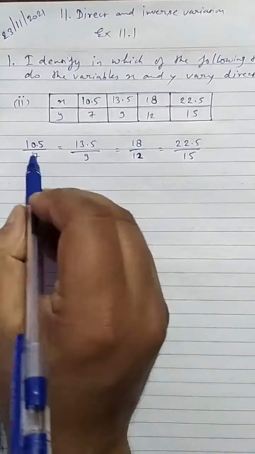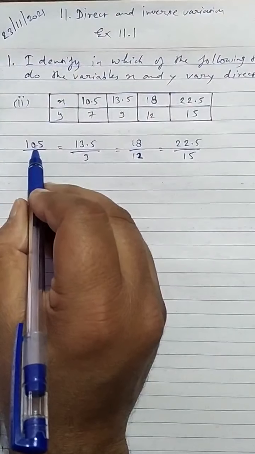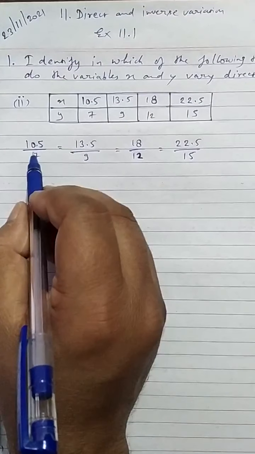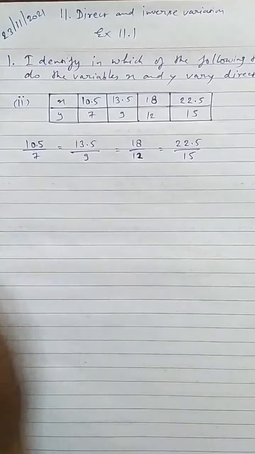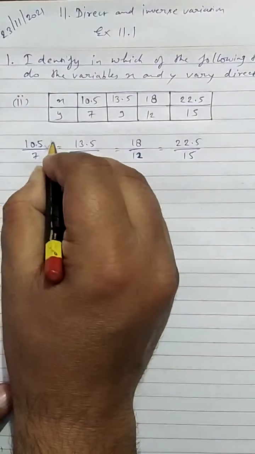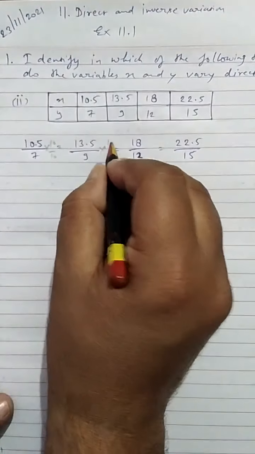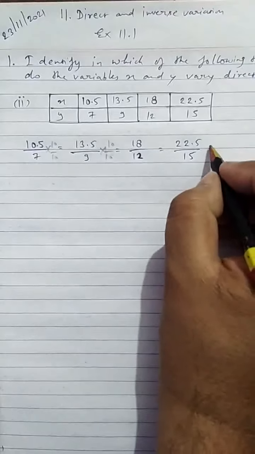To remove the decimal we have to multiply up and down by 10. Similarly here also and here also.